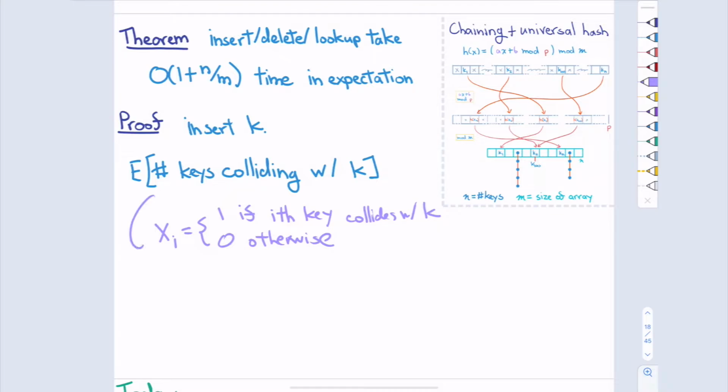Okay, now let me write this as the sum going from 1 to n of x_i. Now we can do the linearity of expectation thing, also known as linearity of expectation.